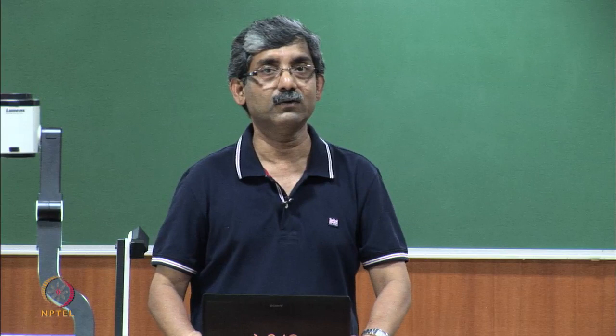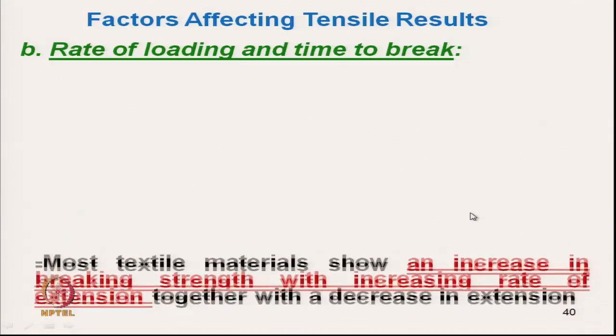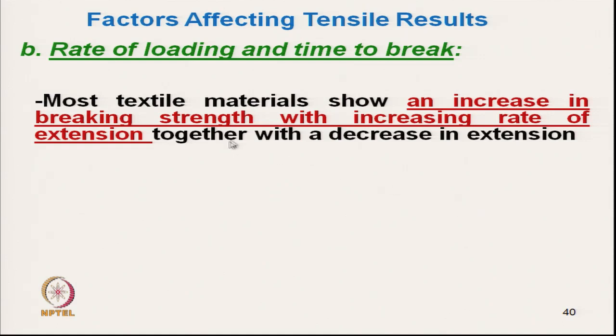So, that is according to this equation. Now, rate of loading or time to break. Most textile materials show an increase in breaking strength with an increase in the rate of extension, which we have discussed already. This is mainly due to the viscoelastic nature of the material, which has two components, a viscous component and an elastic component.